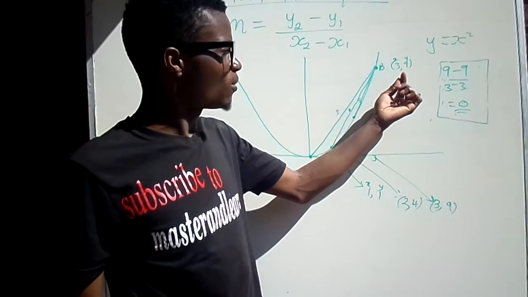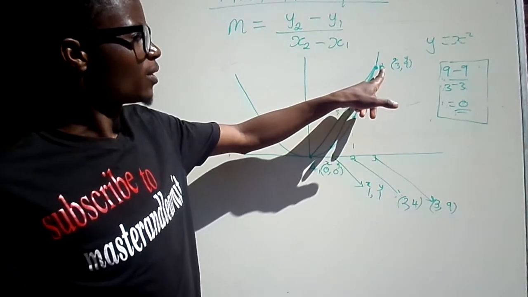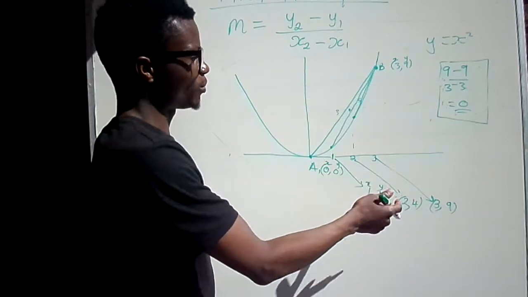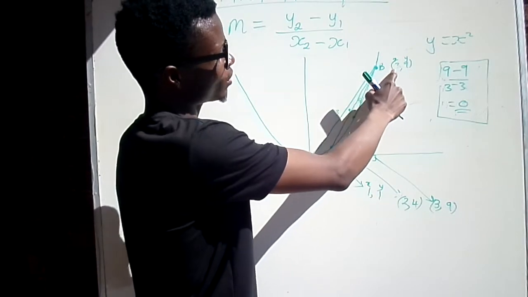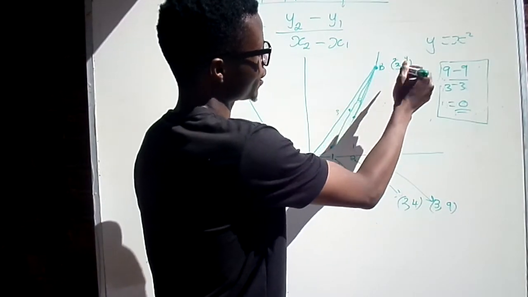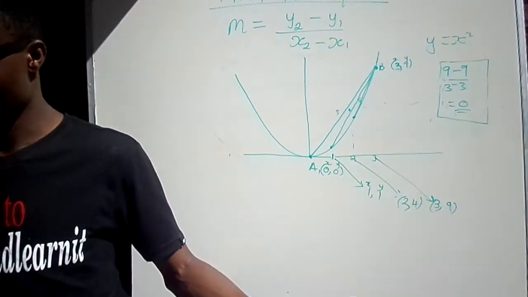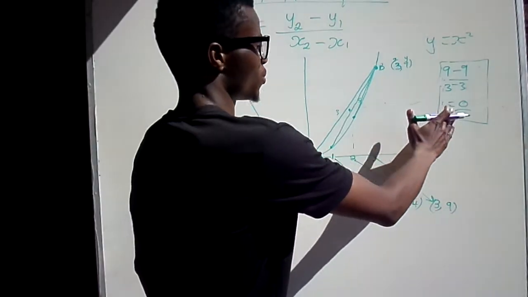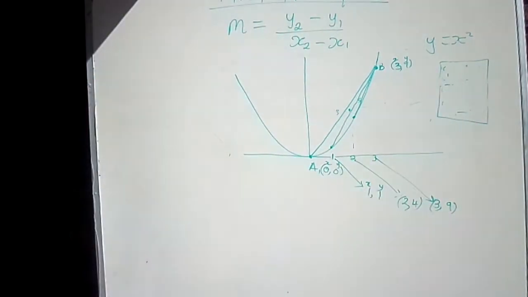So we're just going to look for a value just a little bit closer to 3, a coordinate that is closest to 3, which is going to be 2.9. So let us just try to substitute 2.9.